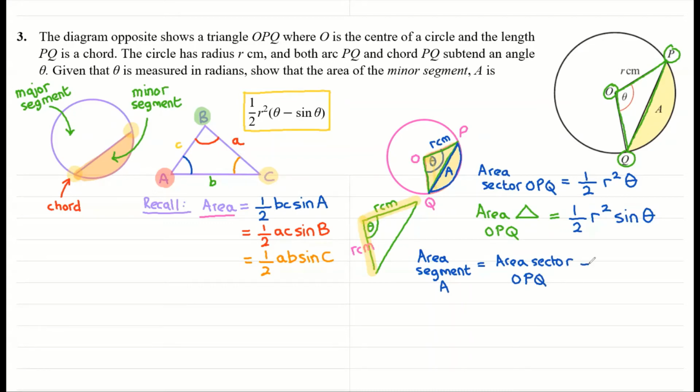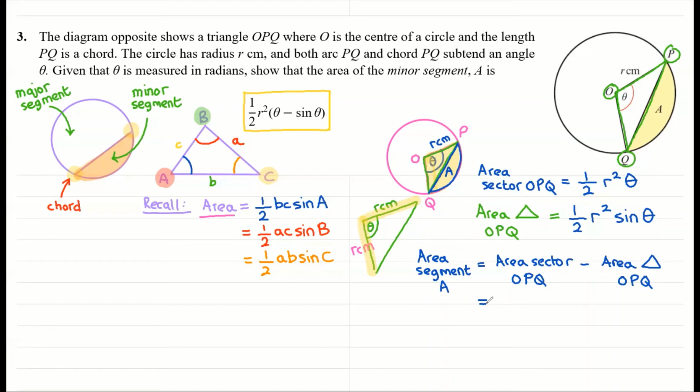And then I just subtract the area of the triangle OPQ. I'd have to take that triangle away from the area of the sector, and what I'd be left with would be the segment A.